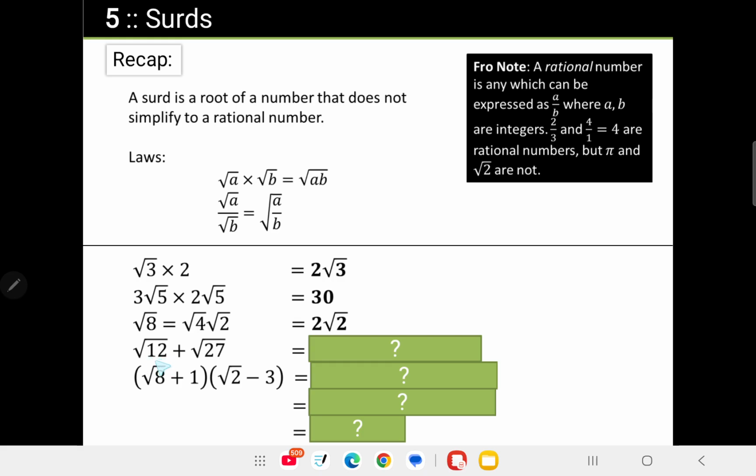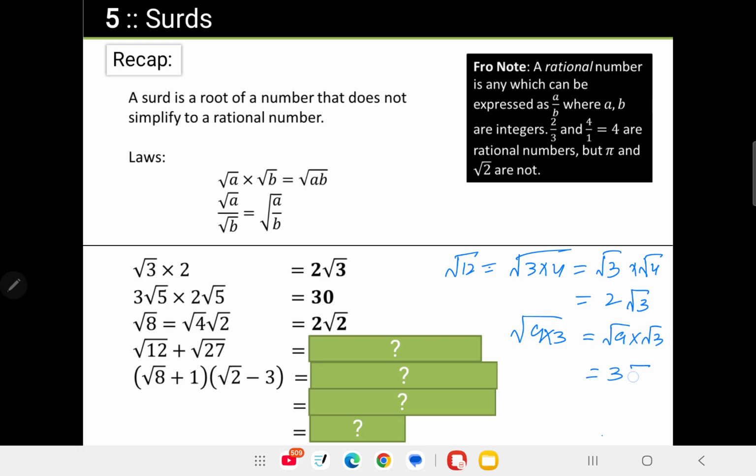Root 12 can be written as root 3 times root 4, and root 4 is 2, so it's 2 root 3. And root 27, we can write as 9 times 3, and the root of 9 is 3, so it's 3 root 3. So over here we have 2 root 3 and 3 root 3, so 3 plus 2 is 5, so it should be 5 root 3.